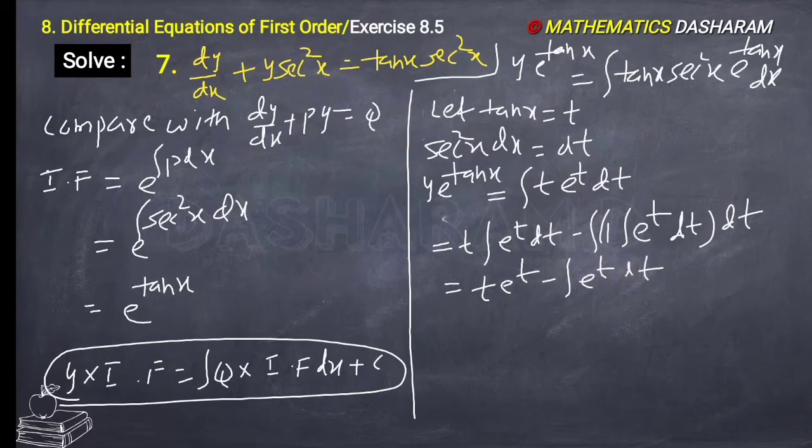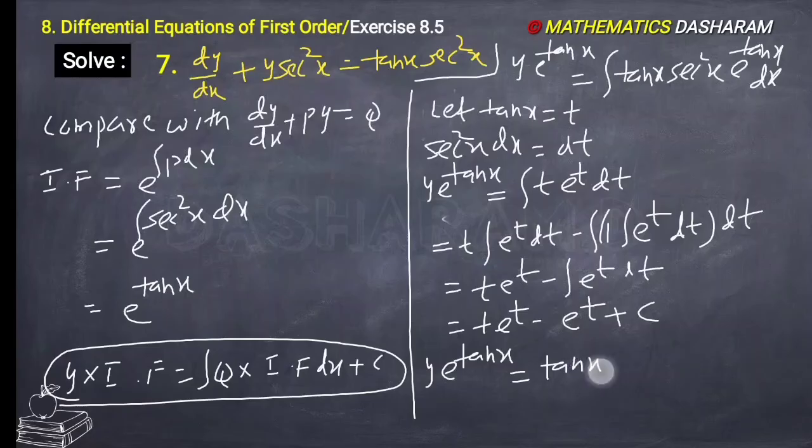So y into e power tan x equals to t into e power t minus e power t plus constant c. Now substitute the t value, that is tan x. So tan x into e power tan x minus e power tan x plus c.